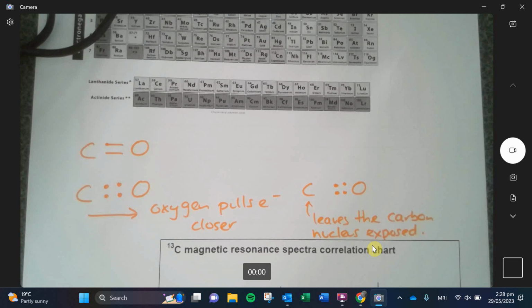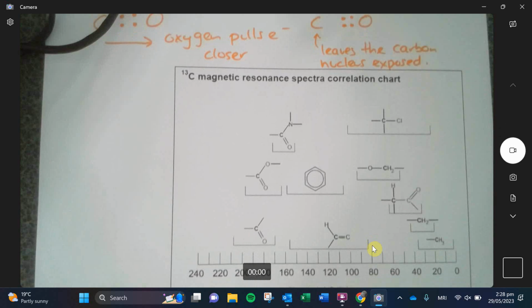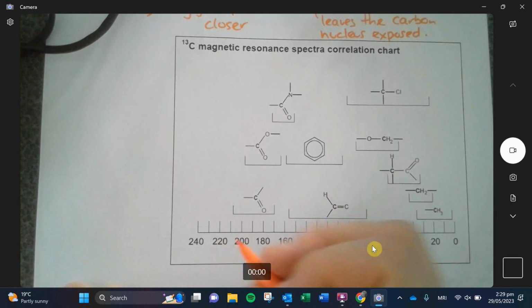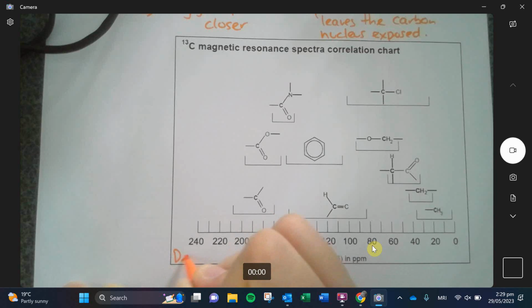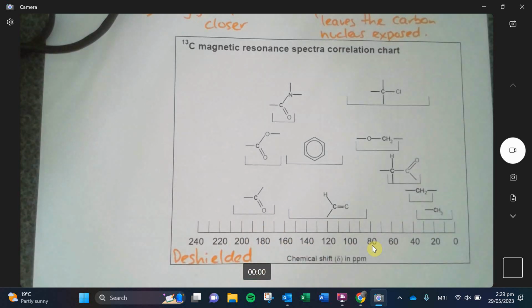Okay so far? All right, so when we have our carbon nucleus exposed, it's going to require more energy in order to flip it. So what we refer to these as is de-shielded. De-shielded means that they're no longer shielded by the electrons.